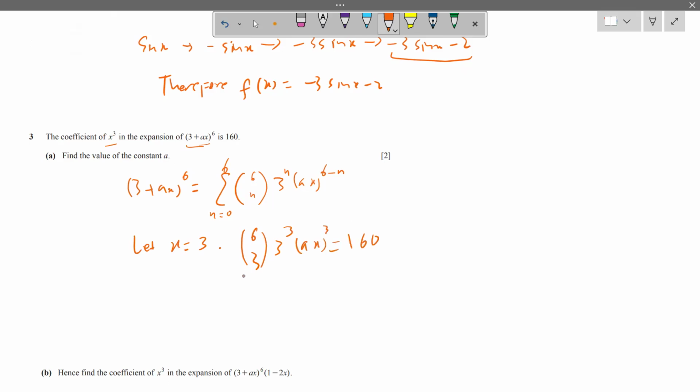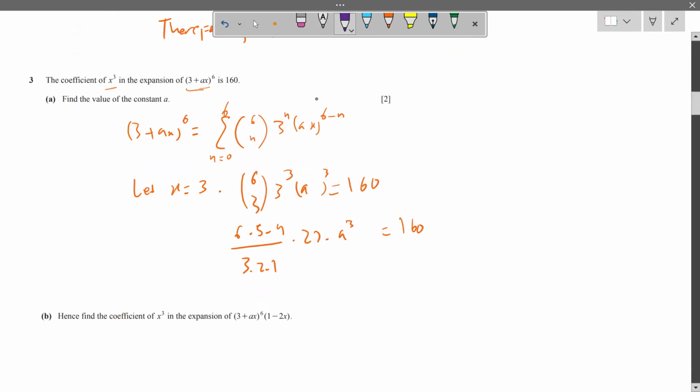So, what is 6 choose 3? It's 6 factorial over 3 factorial times 3 factorial, but there's a faster way: 6 times 5 times 4 over 3 times 2 times 1, times 27 times a cubed, equals 160. Actually, I'm not going to use x here because we're looking for just the coefficient.